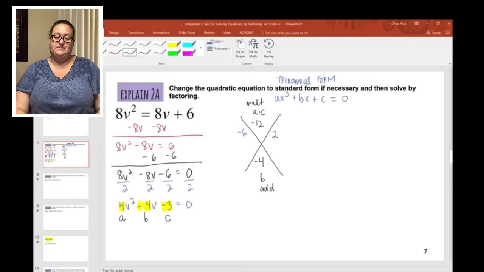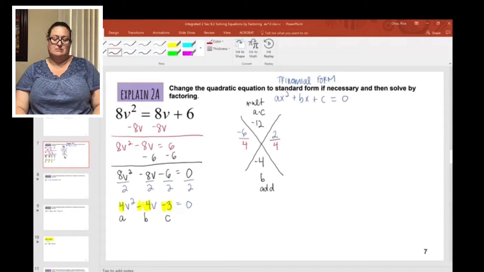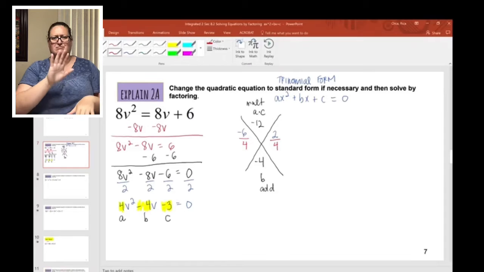Now let's divide those numbers by a. And a is 4. Let's reduce to fractions. Negative 6 and 4 are both divisible by 2. Negative 6 divided by 2 is negative 3. And 4 divided by 2 is 2.